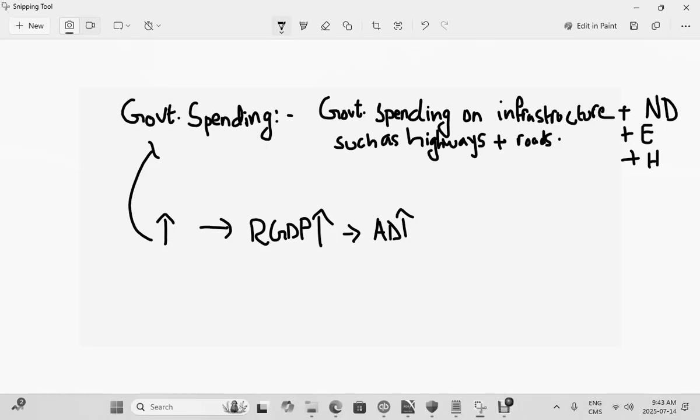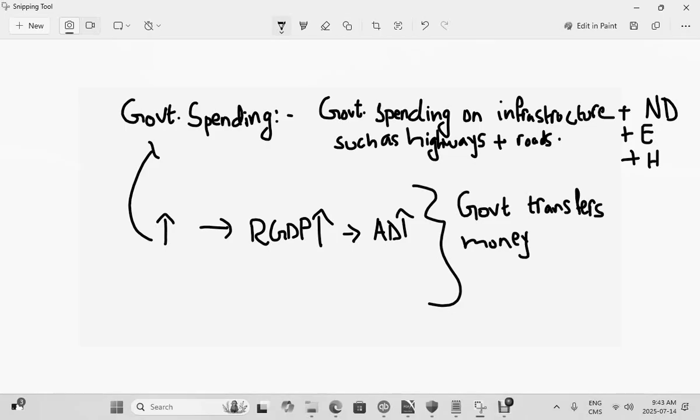Apart from those two, the government can also transfer money, or cash, to state and provincial governments. Say, for example, because of COVID-19 or any other disease, businesses and individuals are struggling.